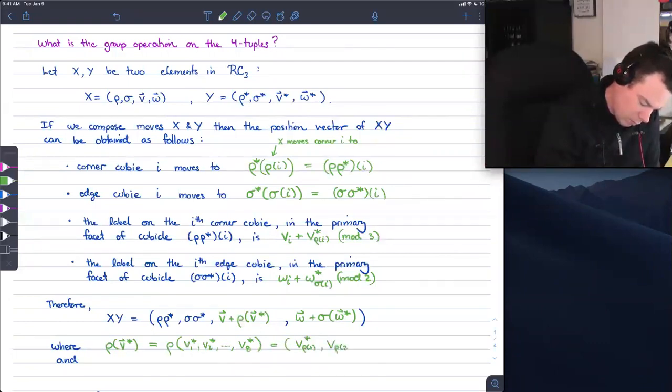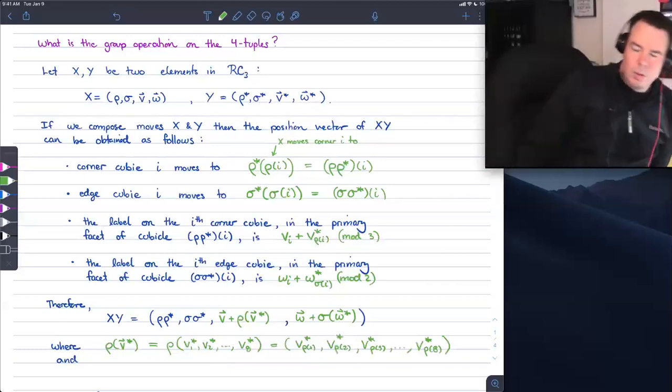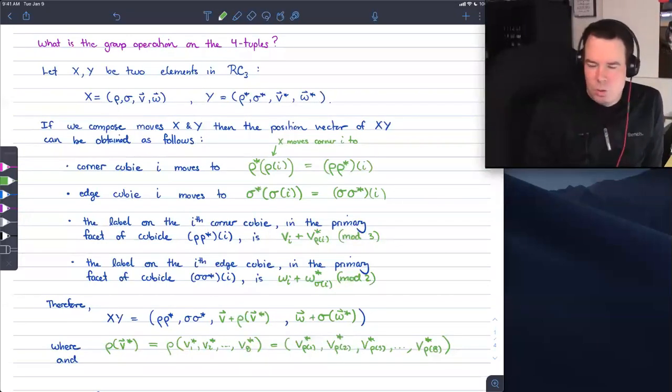So it's V sub rho(1), V sub rho(2), V sub rho(3), all the way down to V sub rho(8). So all it does is rho acting on those just permutes the numbers in there. And that's just so that when we add them up, we get the number we want.